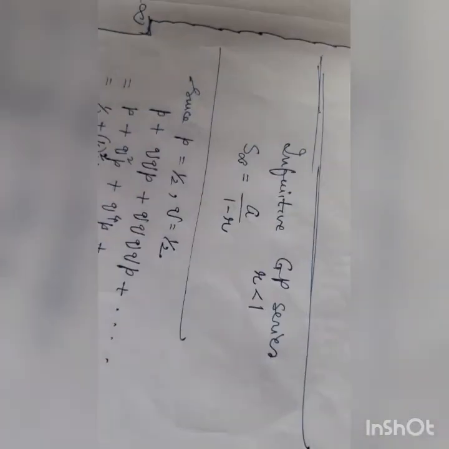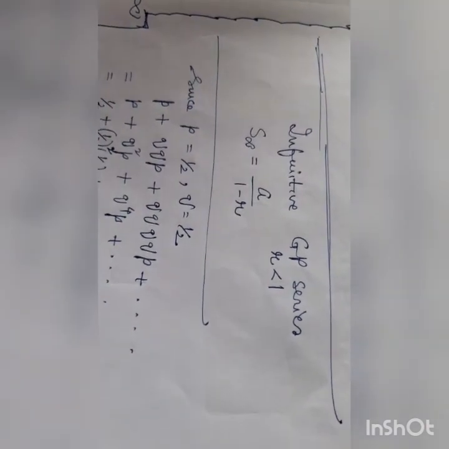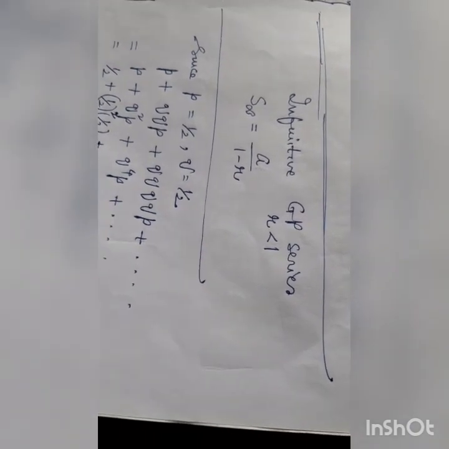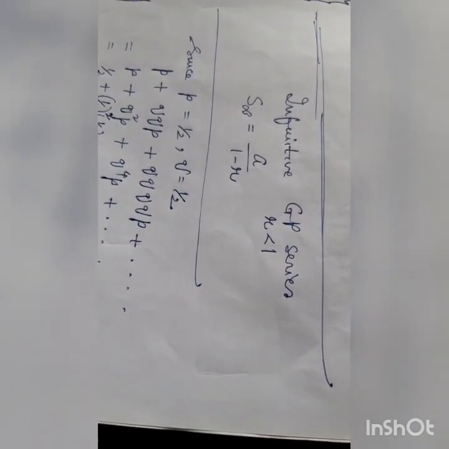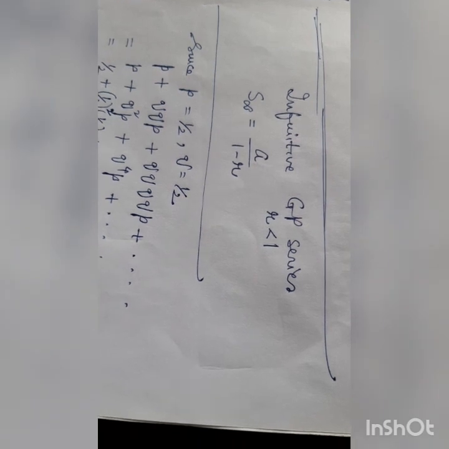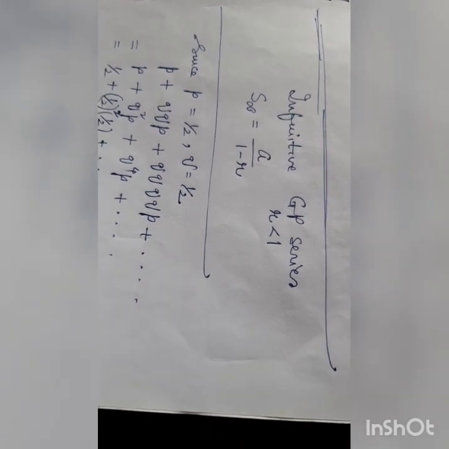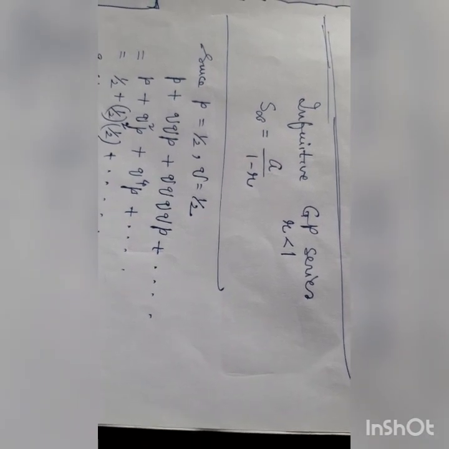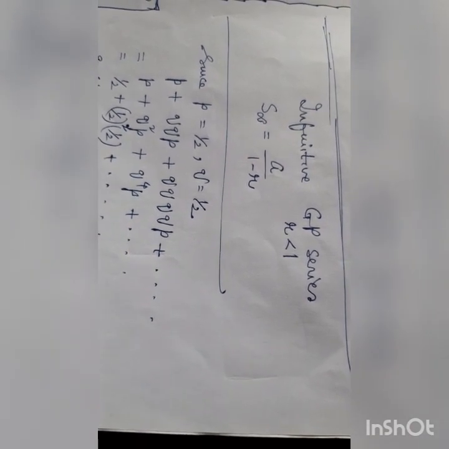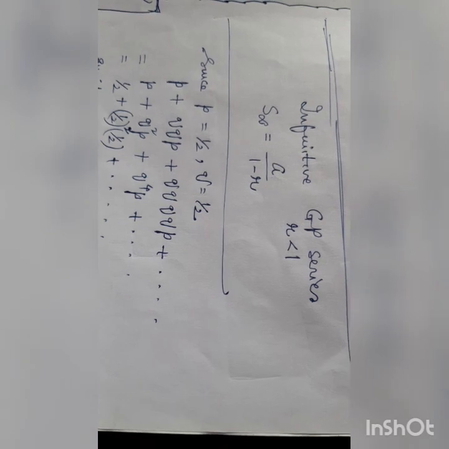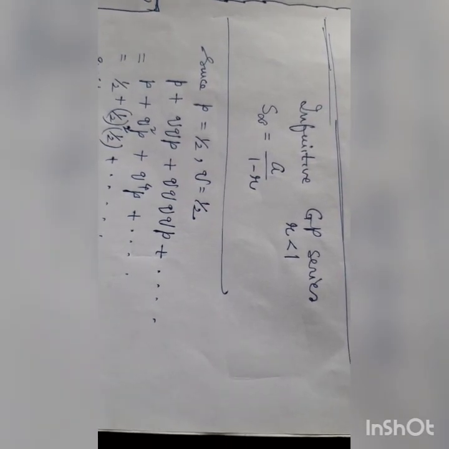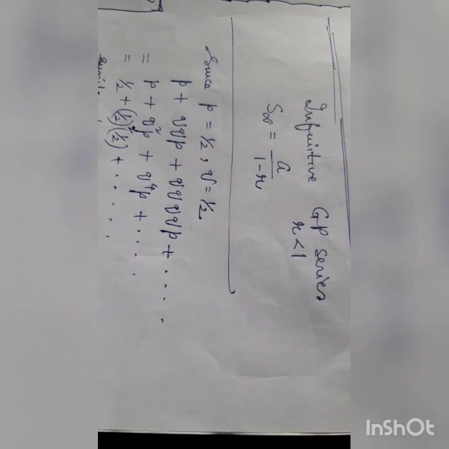Same question I will tell like this. GP series, R less than 1, S infinity equals A by 1 minus R. The algebra series formula, the GP infinity series formula, is applied in probability. In probability, I have already said that all types of branches of mathematics are involved.